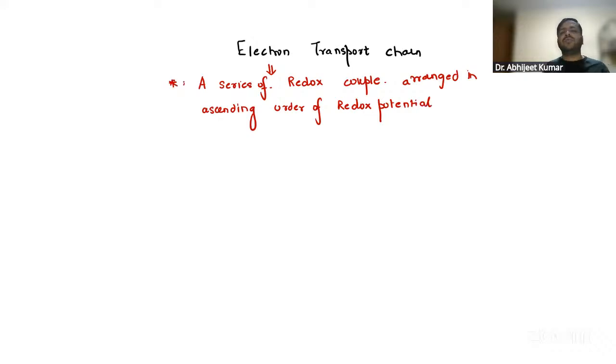A series of redox couples arranged in ascending order of redox potential, right?